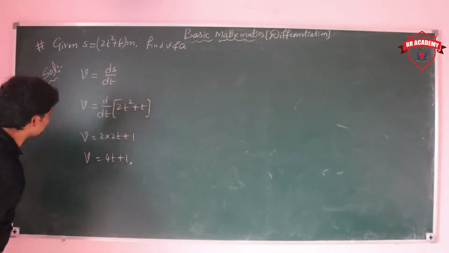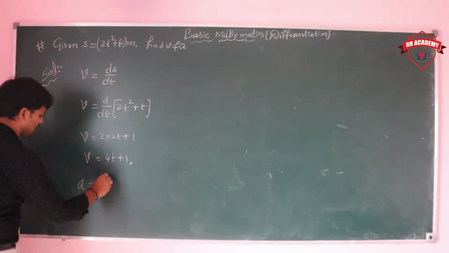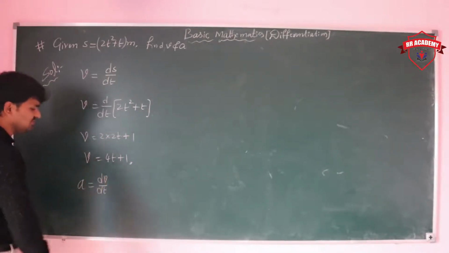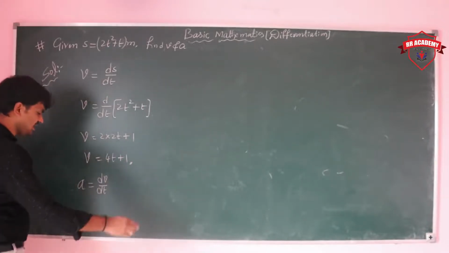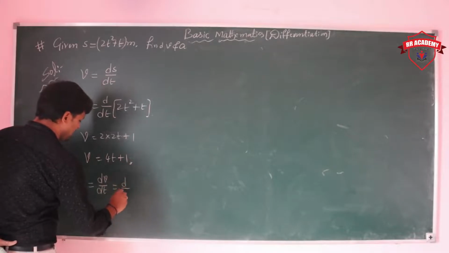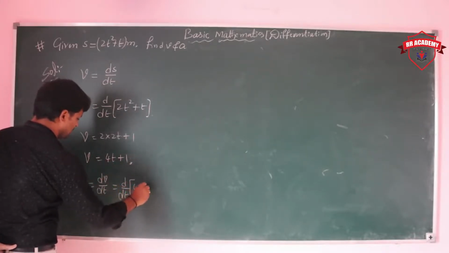And they are also asking about the acceleration. The acceleration a is equal to dv upon dt, that is d by dt of v, which is 4t plus 1.